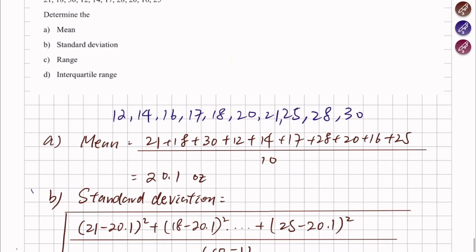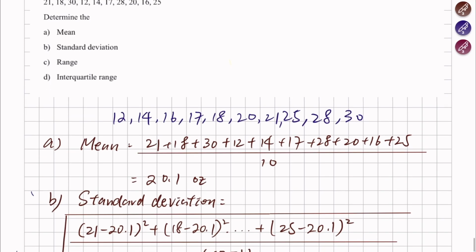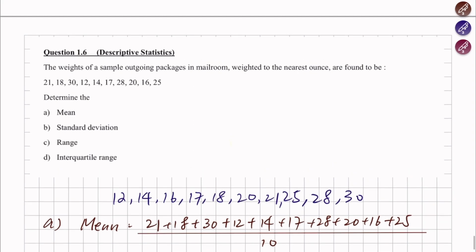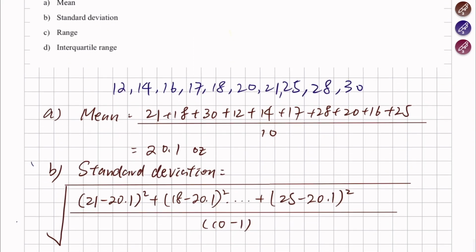And for part B, to calculate the standard deviation, since we already found the mean, for 21, subtract the mean, square it and add it up. 18 also minus 20.1 and square it, and so on until 25 minus 20.1 squared, and divide by 10 minus 1 because we are finding the sample standard deviation.